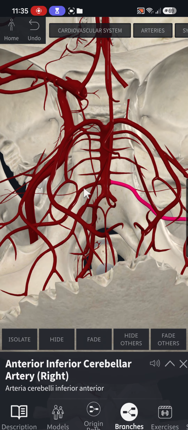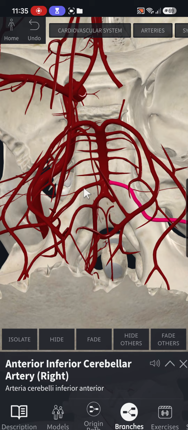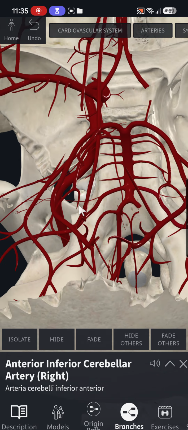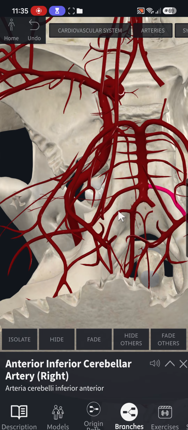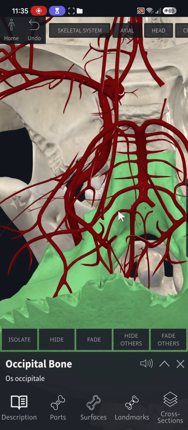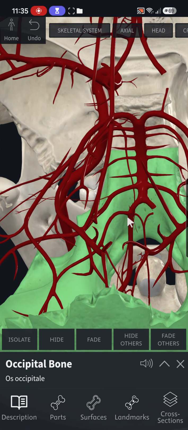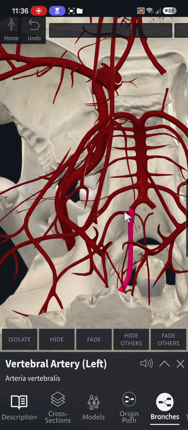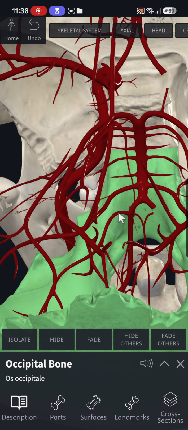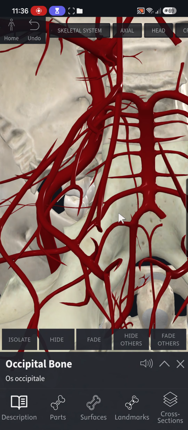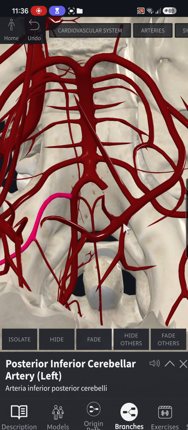And then the last one, which is the posterior inferior cerebellar artery, comes from the vertebral. So this is the posterior inferior cerebellar artery.